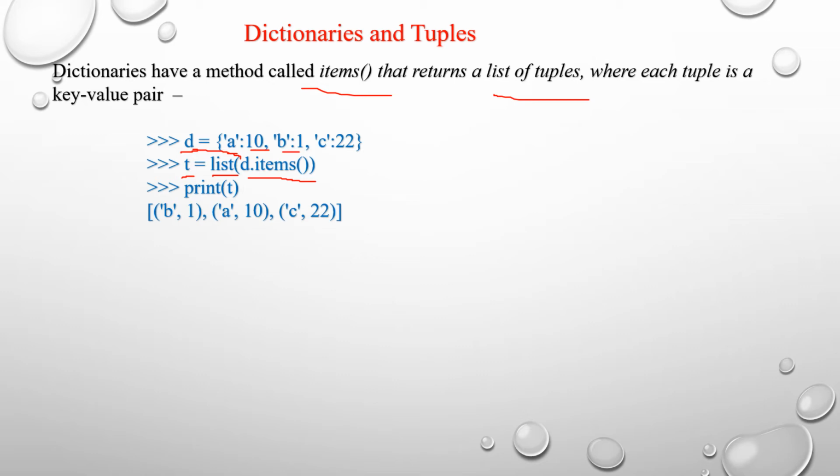So if you print t, the Python interpreter will print the list of tuples: b comma 1, a comma 10 and c comma 22. Just observe here, this is the first tuple, this is the second one, this is the third one. The entire list is enclosed with square brackets. So this is the use case of the items method.